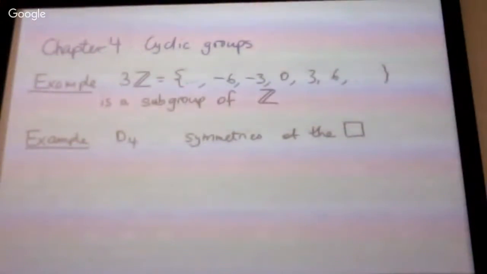Number 9. Now, if you take all the rotations, what notation is there for rotation?